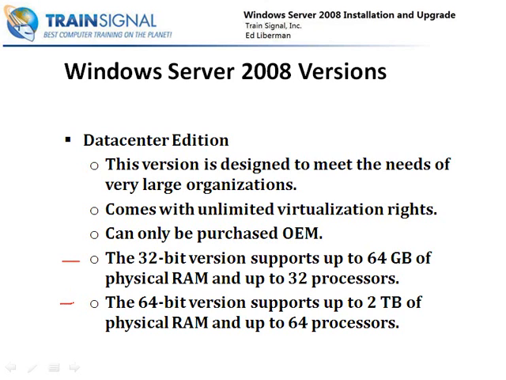And if you think that's powerful, look at the 64-bit version. Now you can have up to 2 terabytes of RAM and up to 64 processors. So that's the big deal with Data Center Edition: if you have super high-end memory and processing needs, that's when you're going to go to Data Center Edition.